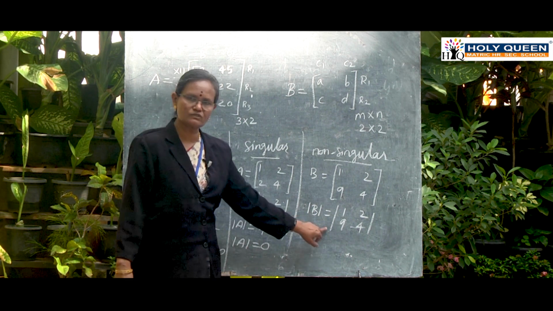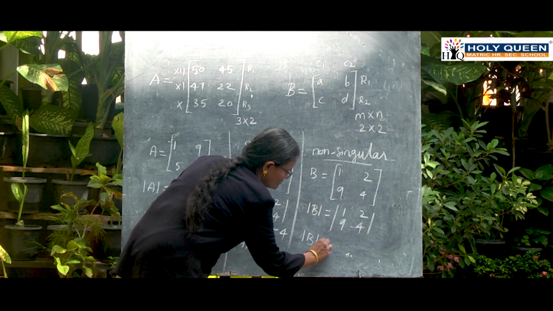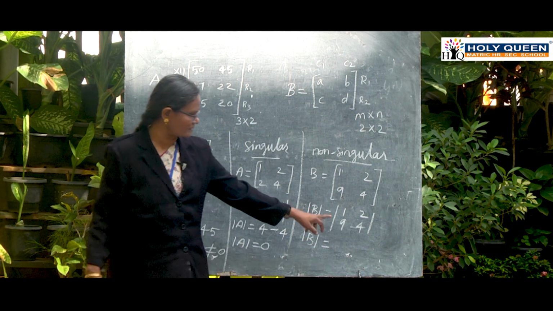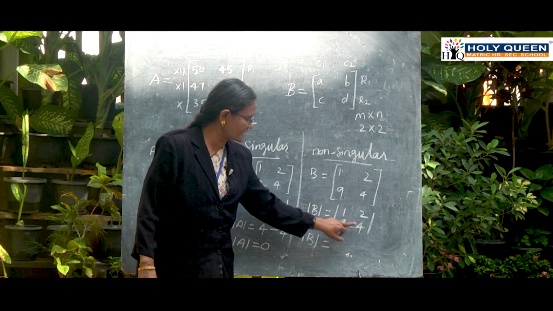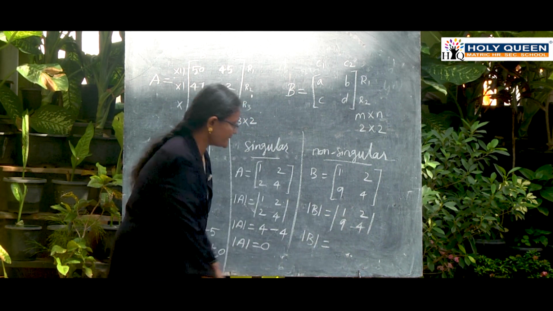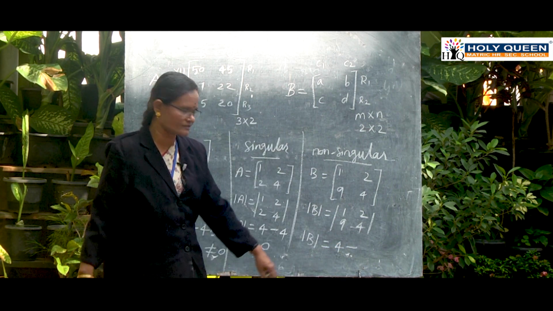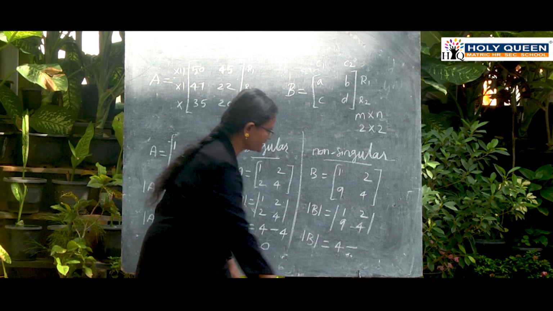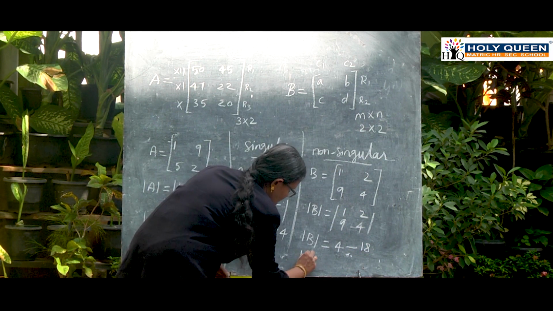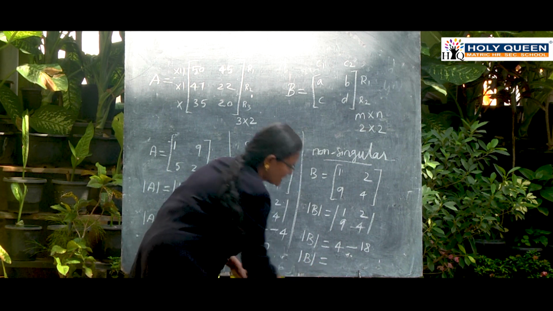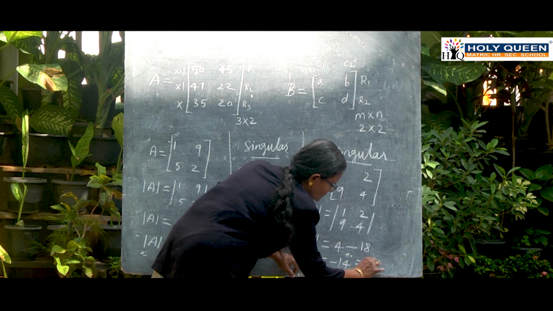The value of the determinant is the product of the leading diagonal elements, 1 into 4, which is 4, minus the other diagonal elements, 9 into 2, 18. So the determinant value of B is minus 14, not equal to 0.